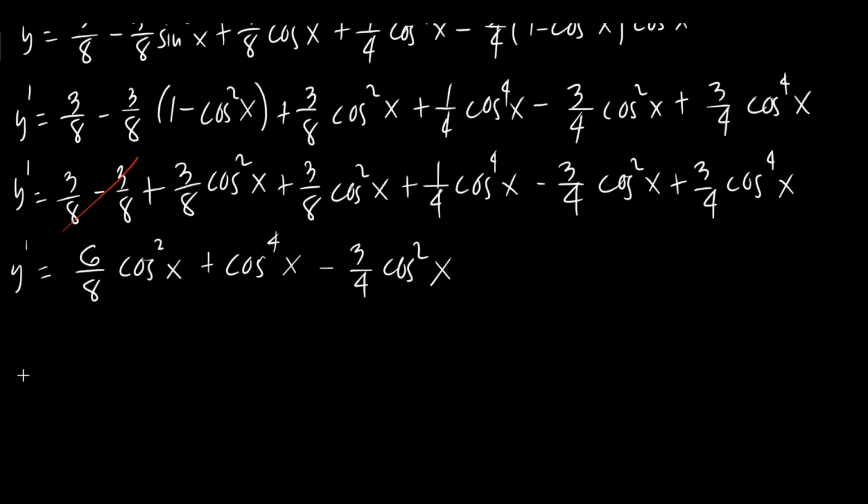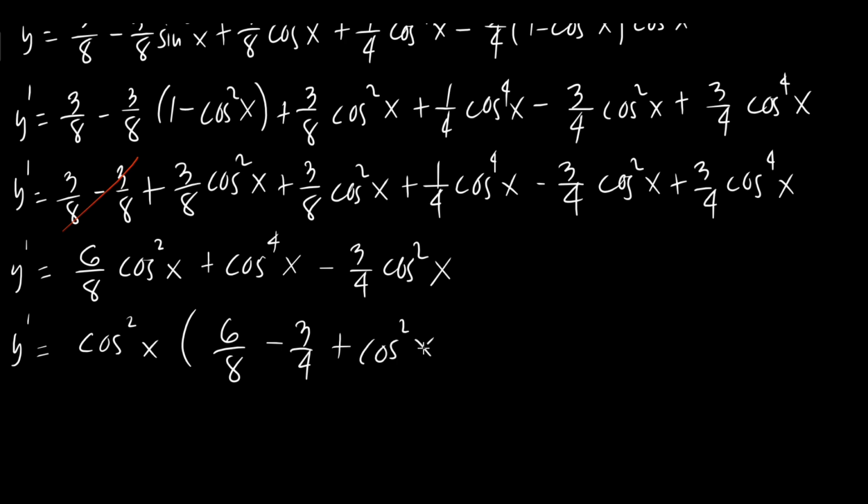To simplify this one, we will need to factor out cosine squared x. So the remaining will be 6/8 minus 3/4, plus cosine squared x.